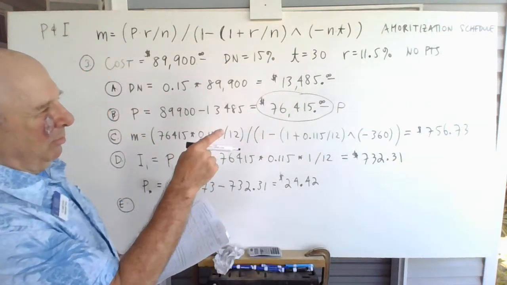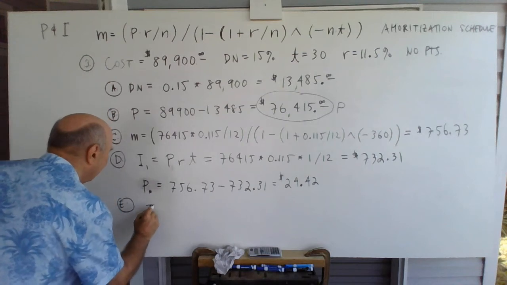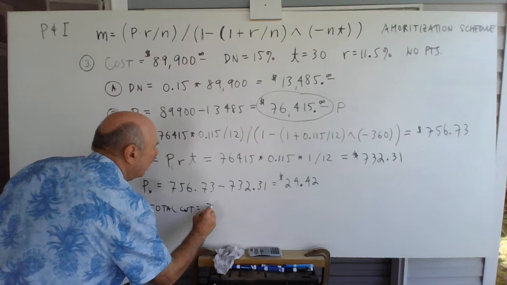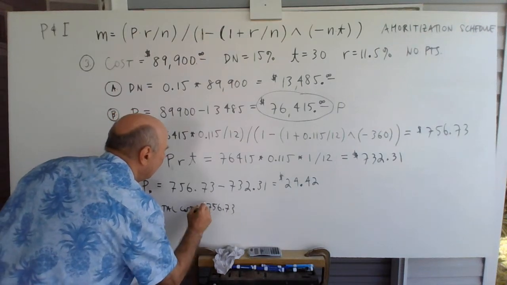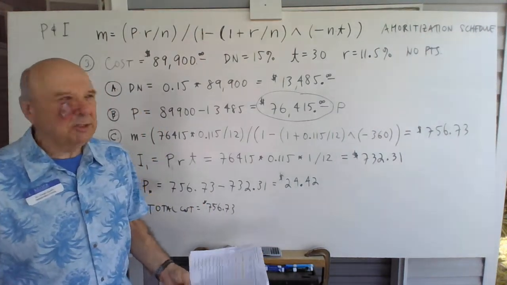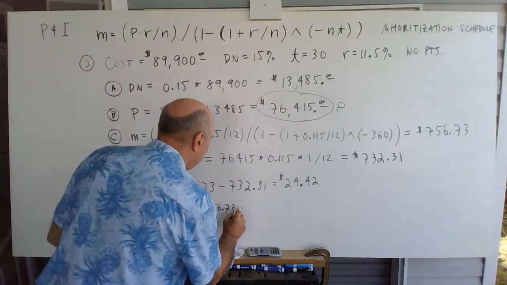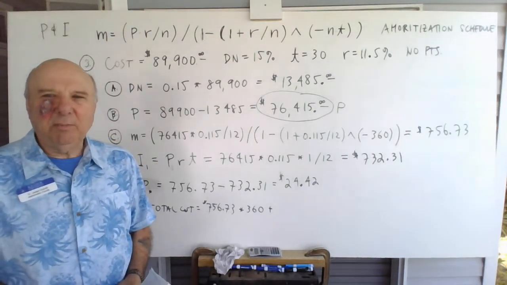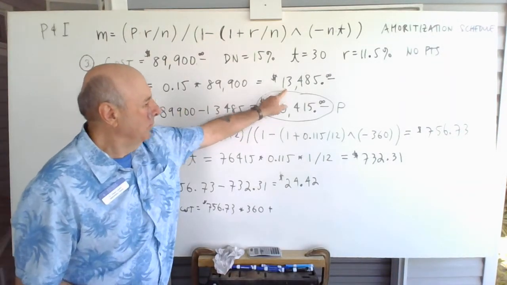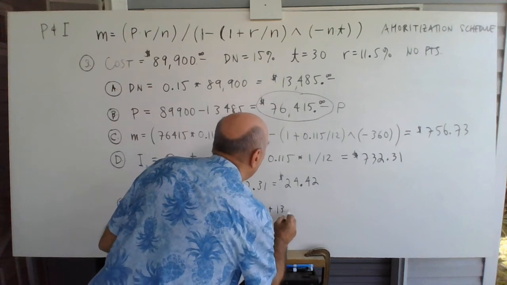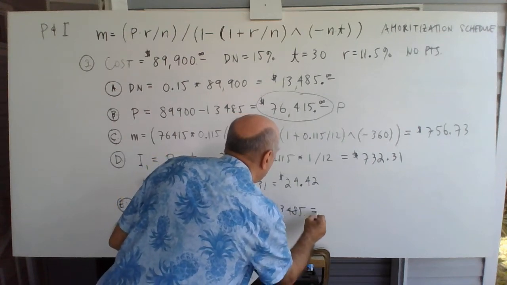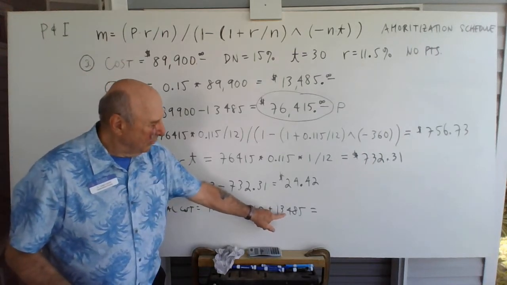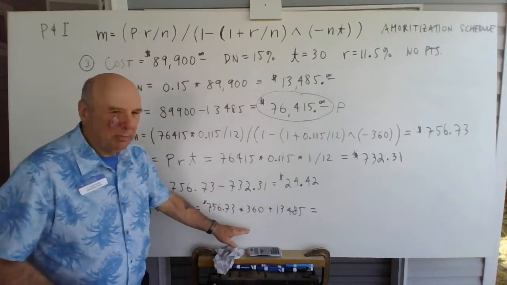If we just take the monthly payment, and we multiply by how many payments there are, which we know is 360. And we add in what? What else did Tony pay? He paid a down payment. So if I add up all the 360 payments plus the down payment, this is all of the principal and interest right here.